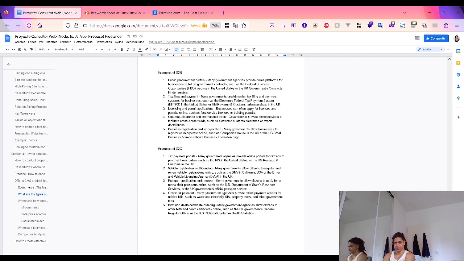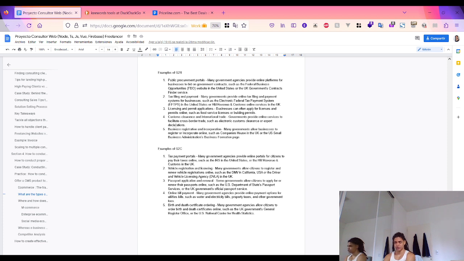The other is tax filing and payment. Again, many governments provide online tax filing and payment systems for business. And by offering these systems, they charge the business.